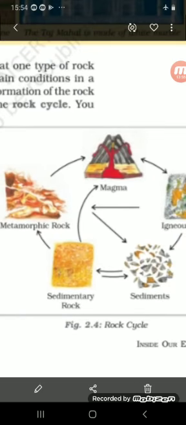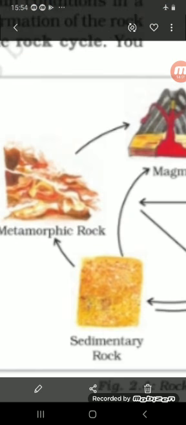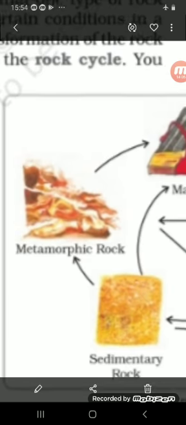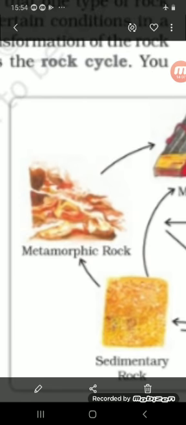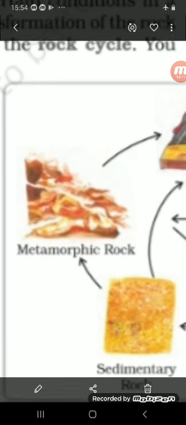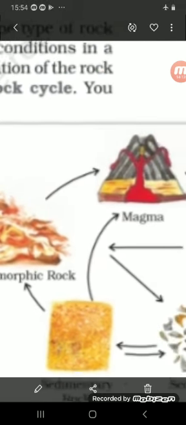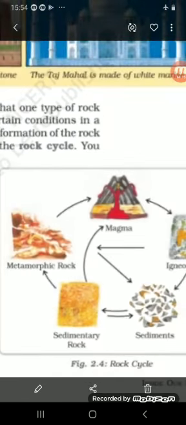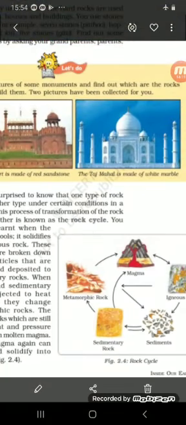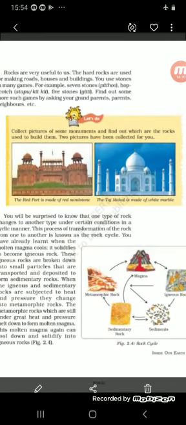Sedimentary rock again changes into metamorphic rocks under certain heat and pressure. The metamorphic rock again under great heat and pressure melts down to form molten magma. In this process, rock cycle goes on.